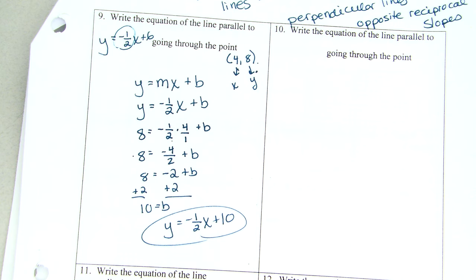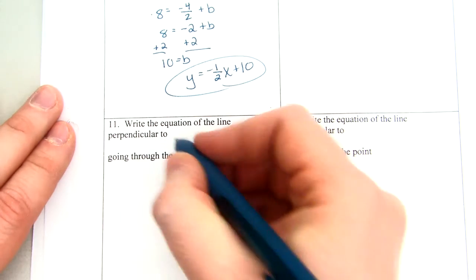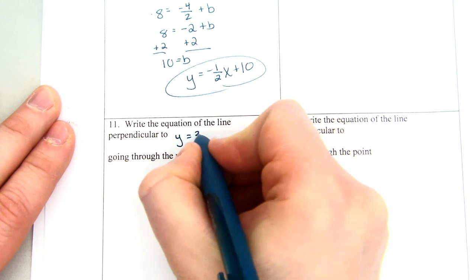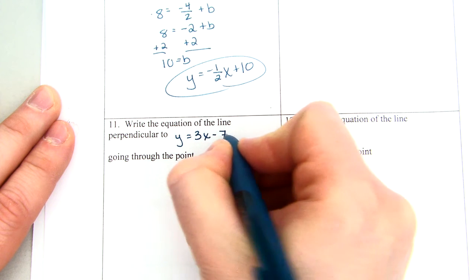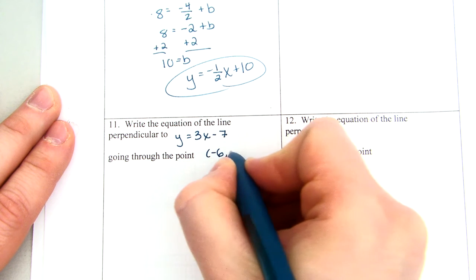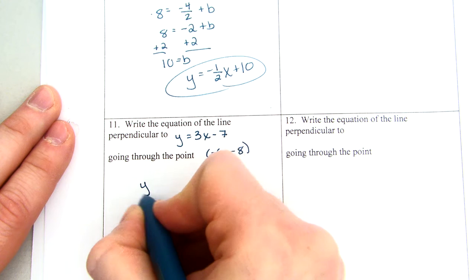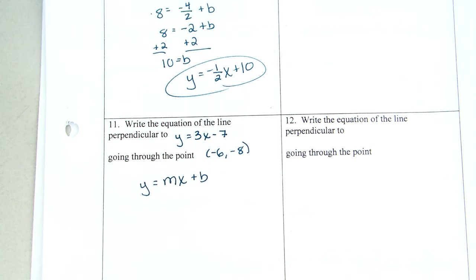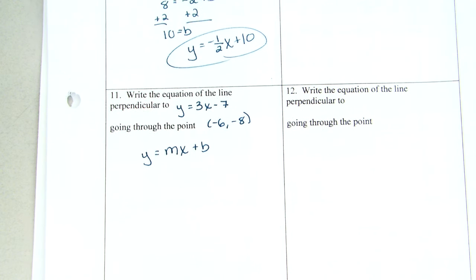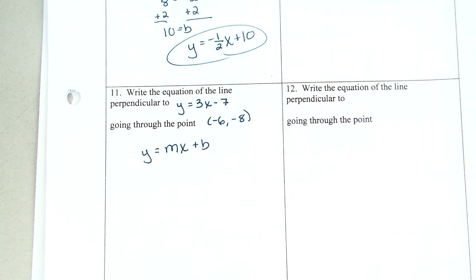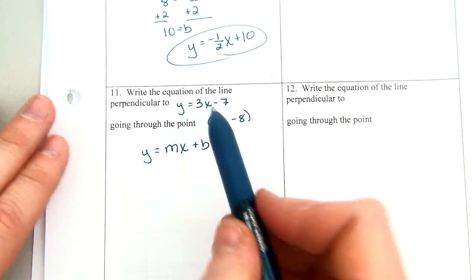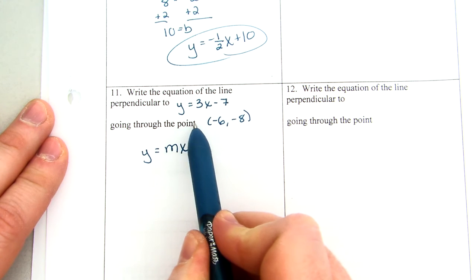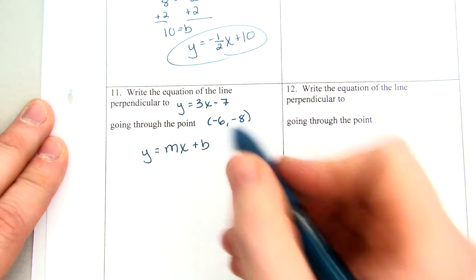Let's go to the bottom of the page. We're going to skip number 10. Number 11. I want to write the equation of the line perpendicular to y equals 3x minus 7 that goes through the point negative 6, negative 8. We're going to start together, then you're going to finish. Is my slope the same as it was over here? Is it 3? No, because it's perpendicular.